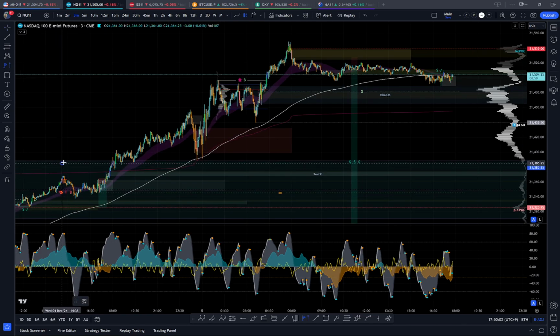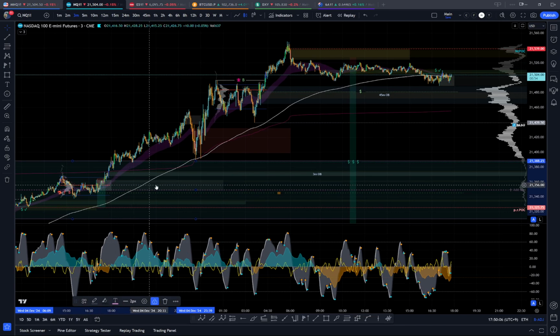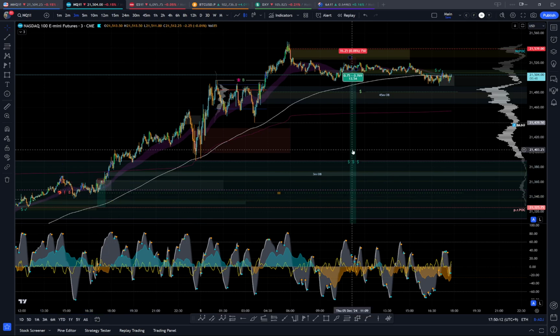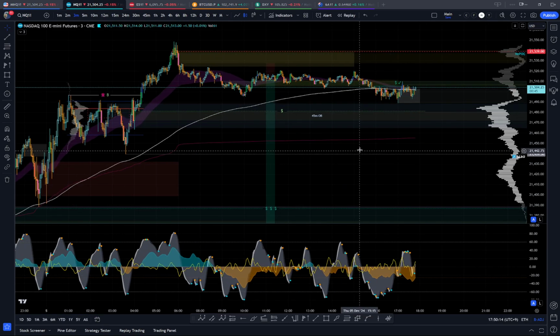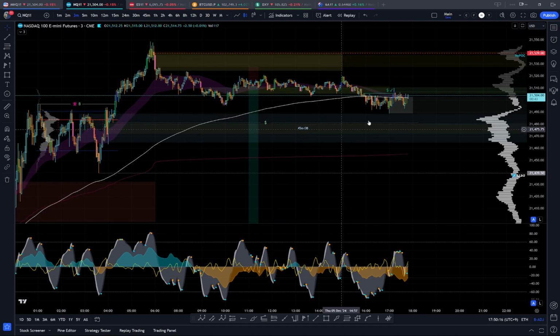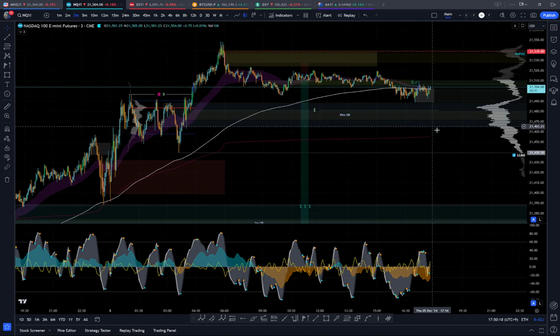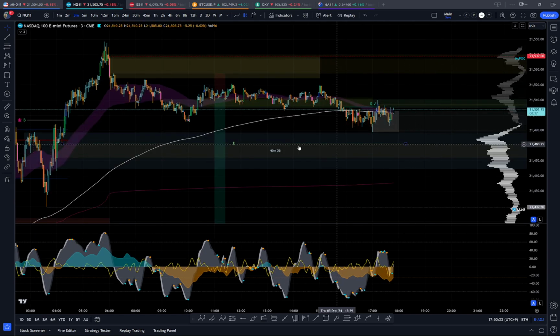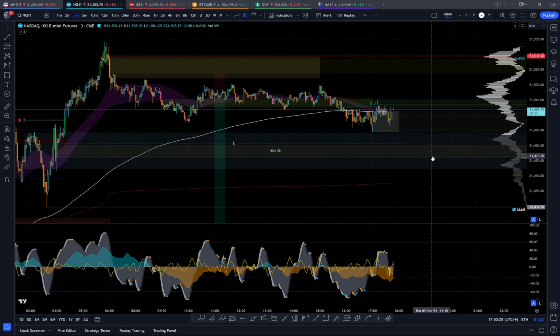There is a chance, I guess, we find support around this zone, 21,356. But this whole gap is looking a bit sus. If we do really want to find support and maybe come up into this zone again today, I would like to see some absorption into this zone, just below 21,500.